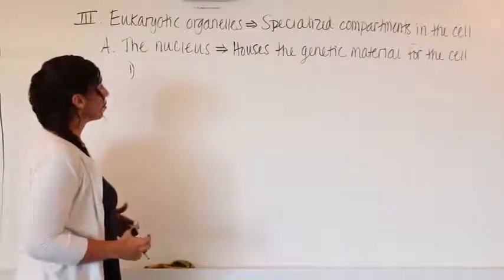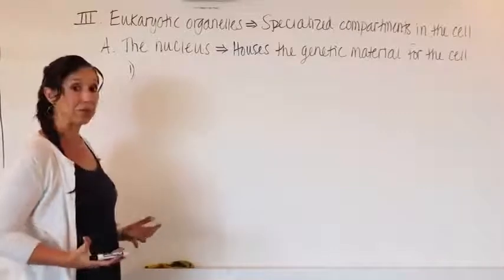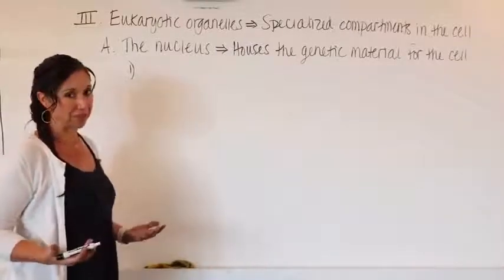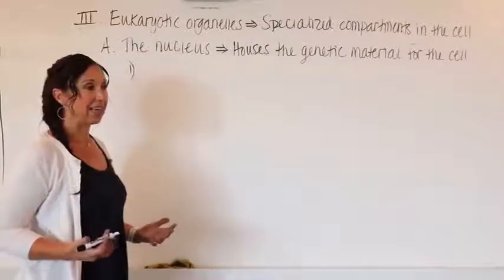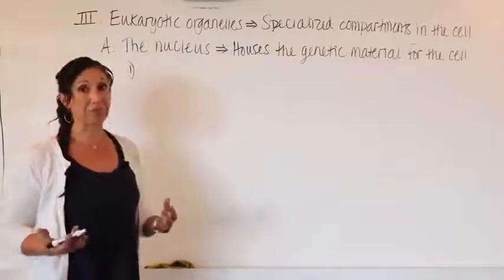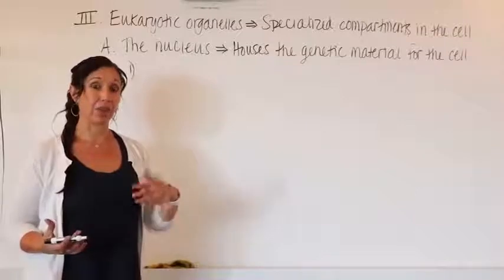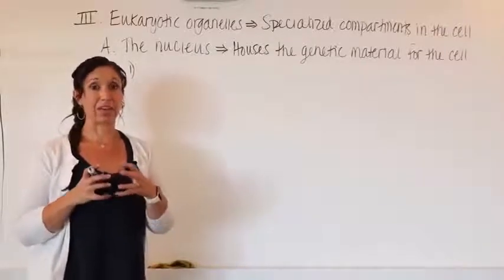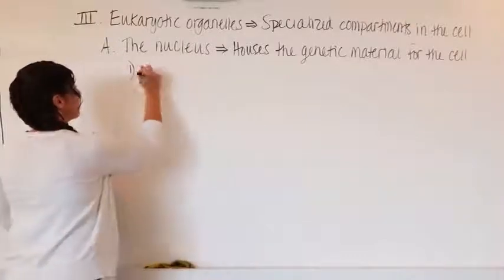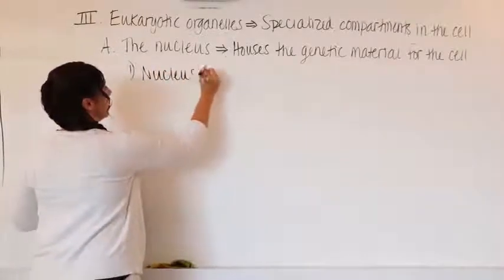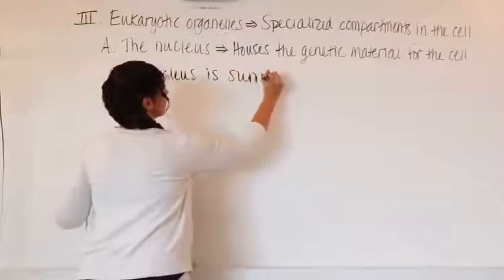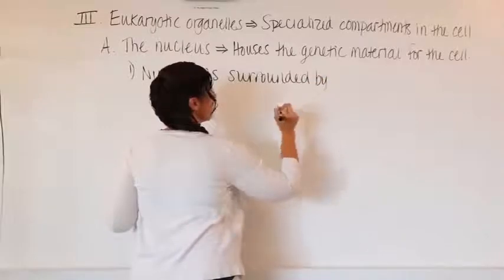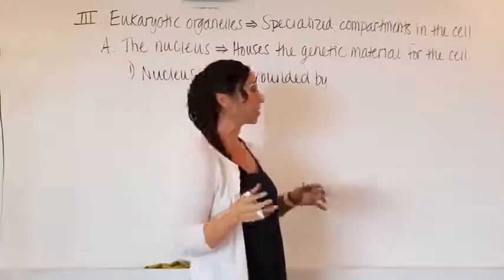But what we need to know for the nucleus, it's a membrane-bound organelle, and I alluded to this last time, but it's a little bit more special than having just a phospholipid bilayer. It actually has a double phospholipid bilayer for a membrane, and that membrane around the nucleus is called the nuclear envelope. So the nucleus is surrounded by a special membrane called the nuclear envelope.